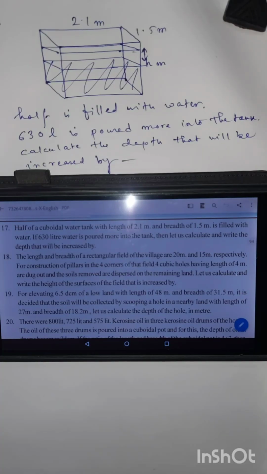Okay, so the tank was half filled. We added 630 liter of water more into it.